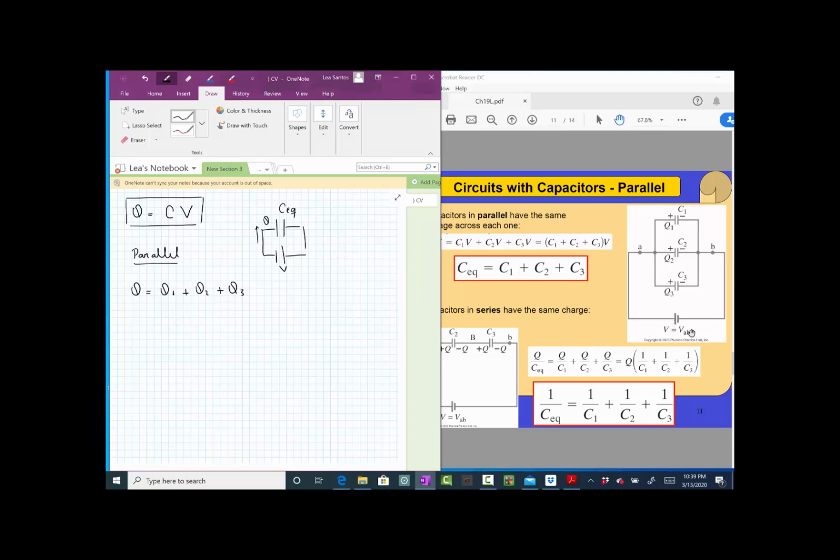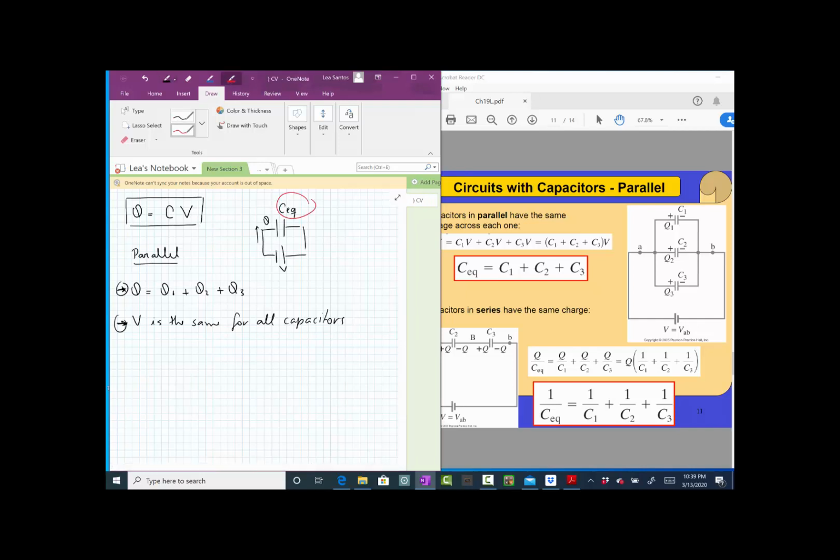VA minus VB is the potential difference of the battery. So we know that the potential difference is the same for all capacitors. Okay, with these two pieces of information, we will be able to obtain this equivalent capacitance.